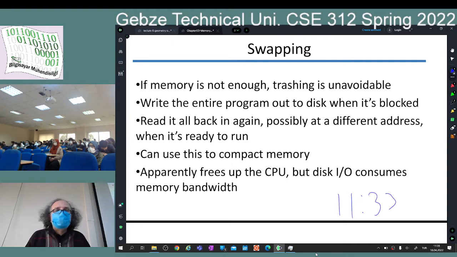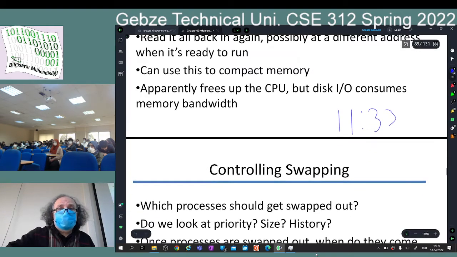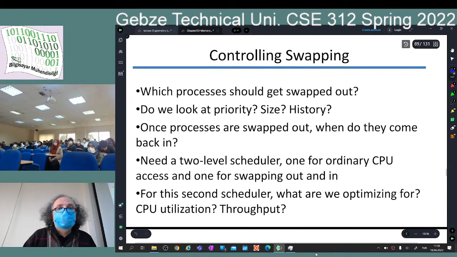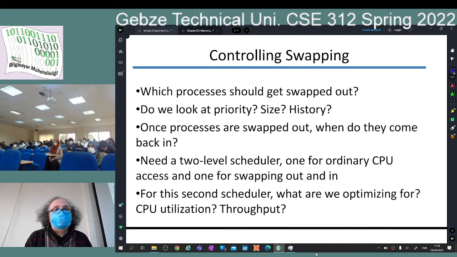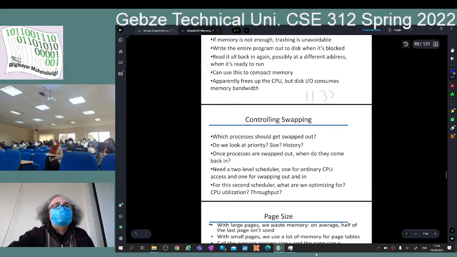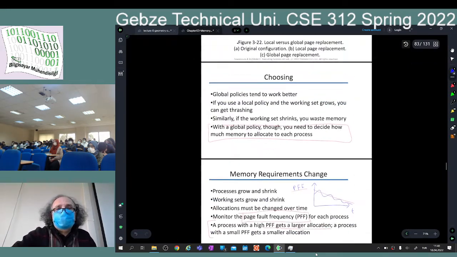slower. And the other thing is this: I don't have just two programs in my memory. Okay, I have many programs running at the same time. I have many programs blocked, waiting for something to happen. Okay, so which one of those programs should I write to the disk is another decision that I need to make. So that's one question. Remember, we are trying to answer all of these questions under this heading.